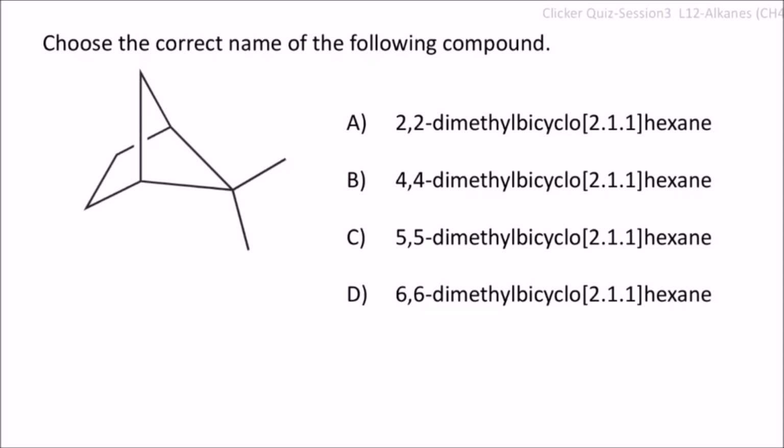Your time starts now. Polls are coming in fast, and I'm going to close the polling in 5, 4, 3, 2, 1, 0. Okay, now let's look at the students' responses.